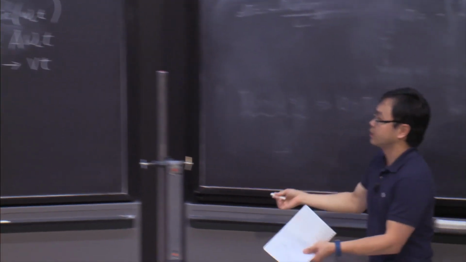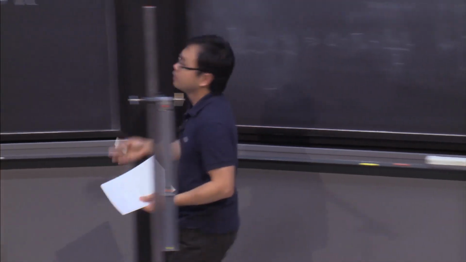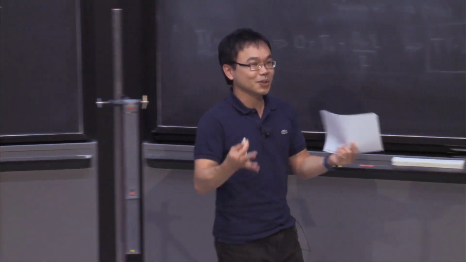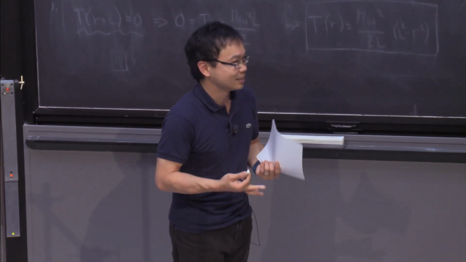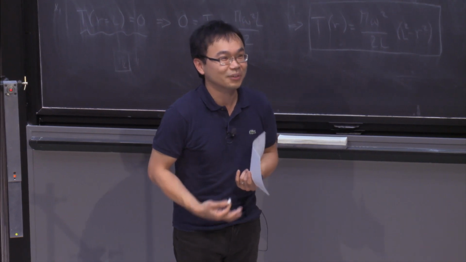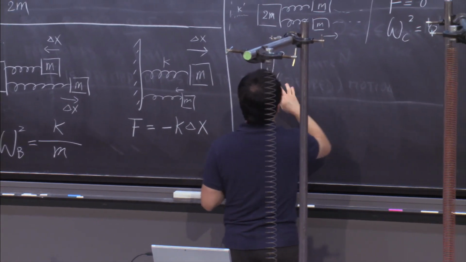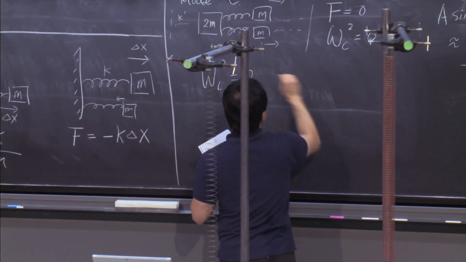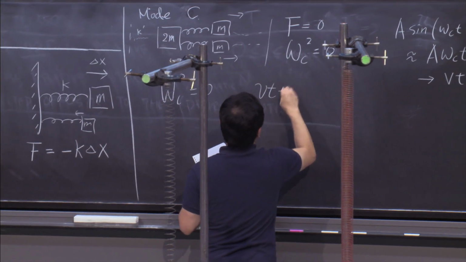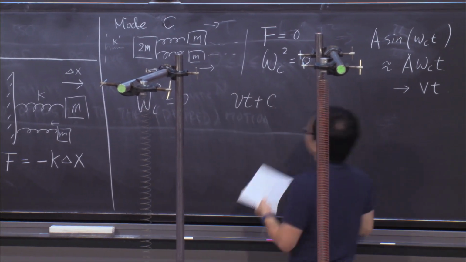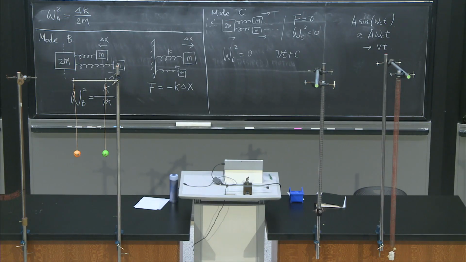So what I want to argue is that this is also an oscillation, but with angular frequency 0. And the general motion can be written as Vt times c, for example, some constant. Any questions?